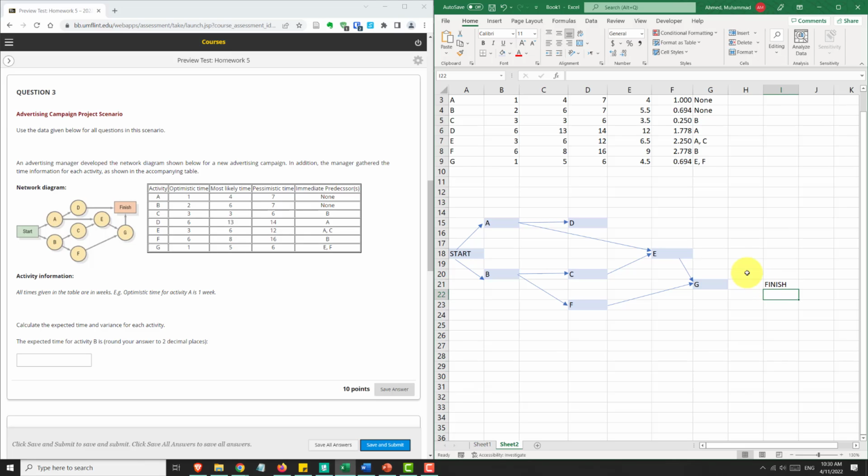Now notice that we have, maybe it's easier to do it here to show you guys, E leads to G. Now G will go to finish, obviously, but not only G will go to finish. And D, you cannot just stop after D, you have to end.